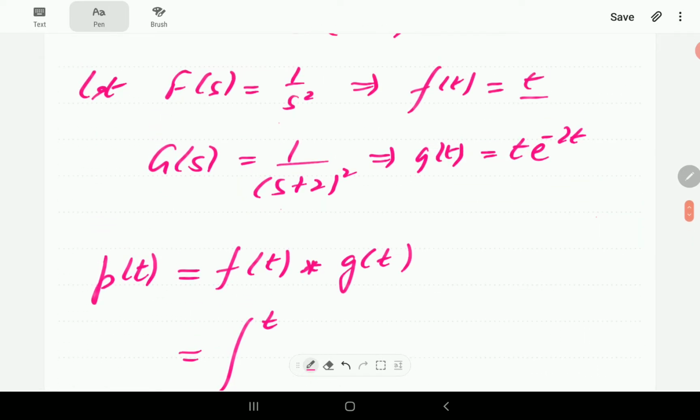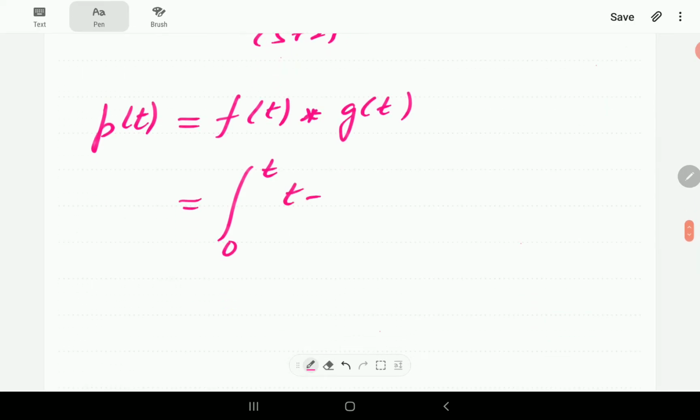So this one we are going to take as t minus alpha, and then alpha e to the minus 2 alpha d alpha.